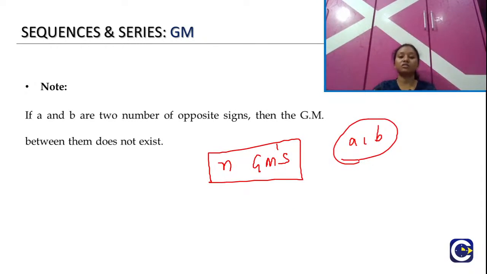Write the progression and let me know what the nth term will be, how many terms will be present in this geometric progression, and what the general term as well as the last term will be equal to. Give it a try, because we have already discussed the same pattern while dealing with the arithmetic mean in our previous session. So it will be easy for you to do. Quickly do it. I'll be checking your comments. If you have any doubts, you can post there.